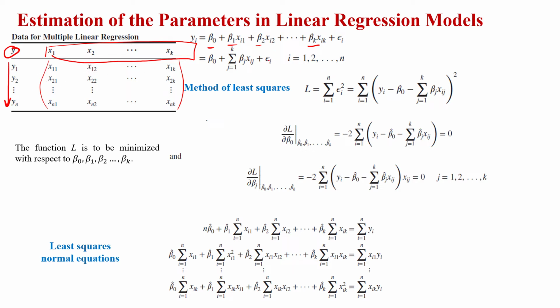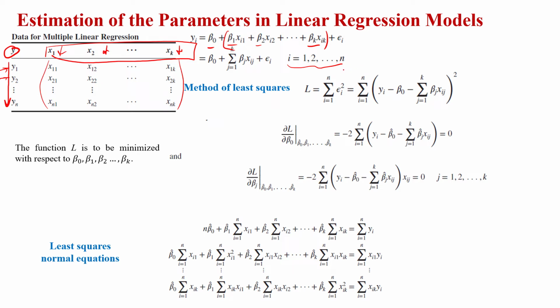So we can represent this with the summation over j from 1 to k of bj xij plus error epsilon i, where i represents the equation number, j represents the particular variable or column, and i represents the row. That is basically the observation perspective.